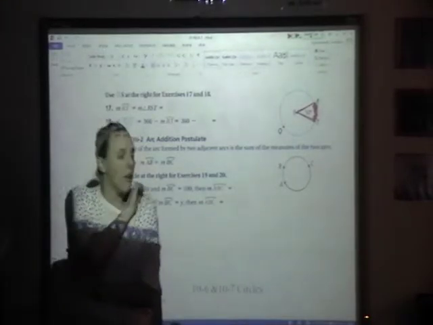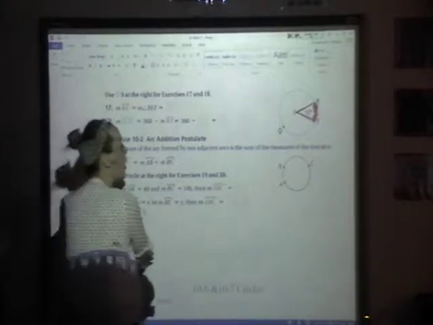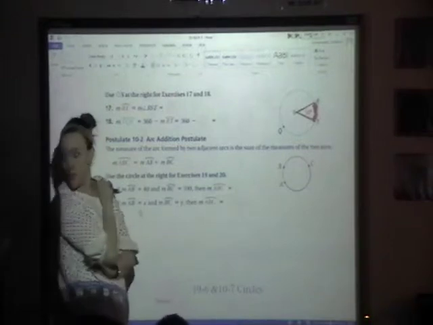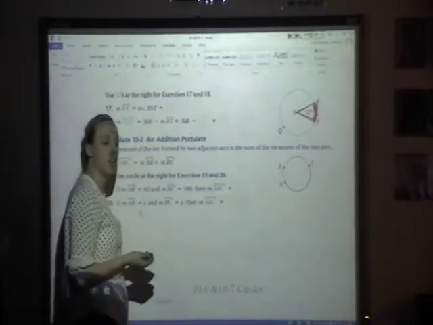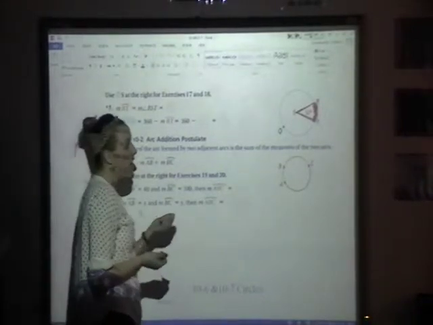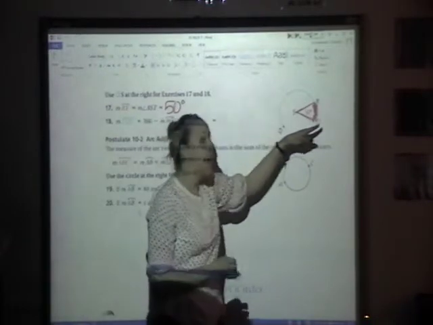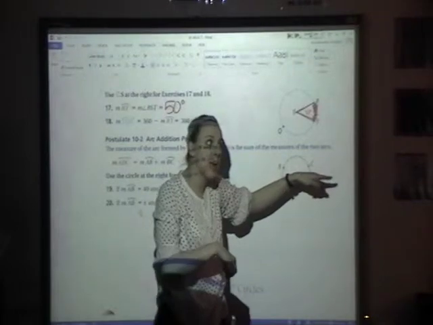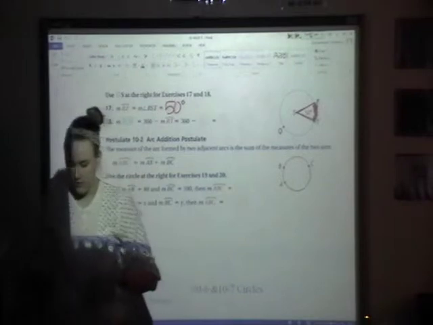Yes. So whatever the central angle is, your arc measure is. So therefore, RT is equal to RST. Okay, yes, those are equal. What is their measure now? 50 degrees. Your angle's 50, and whatever your angle is, your arc is. So that means that my arc, RT, is also 50. They're identical.